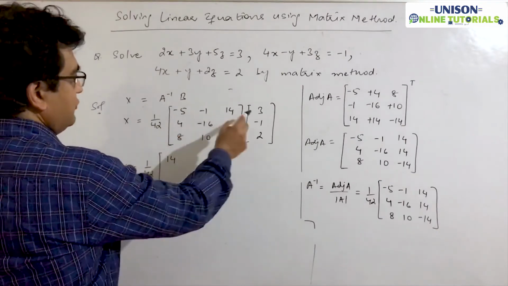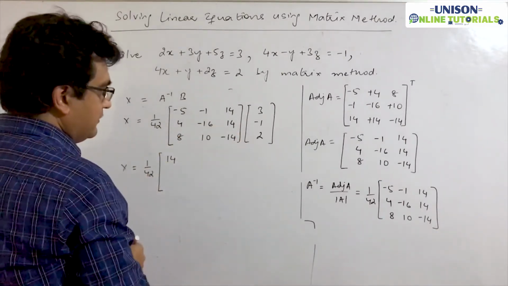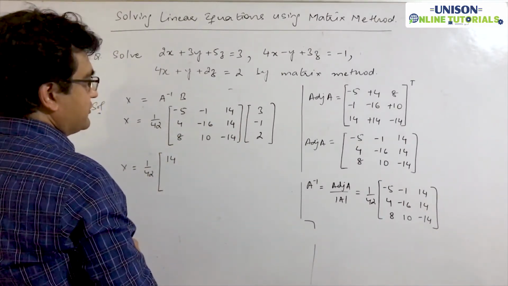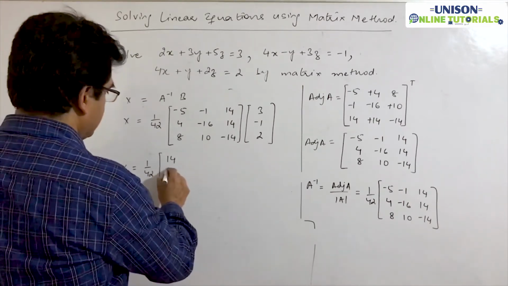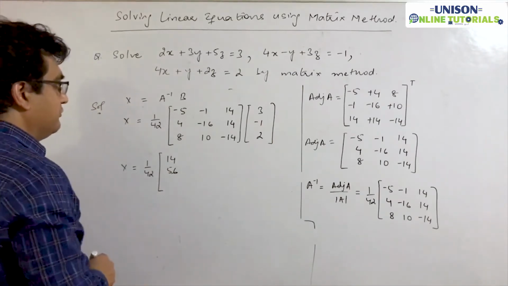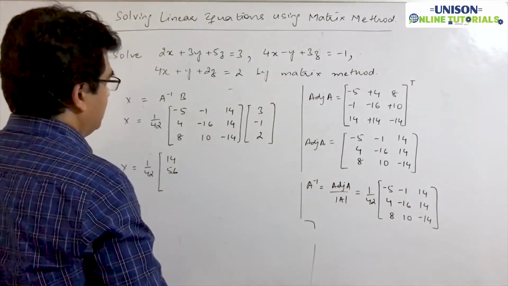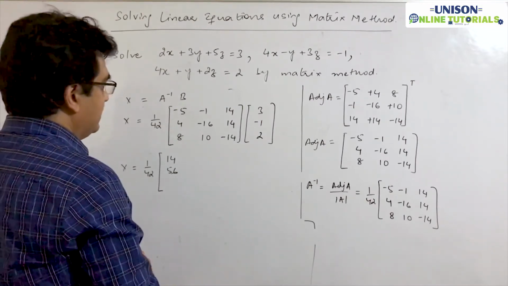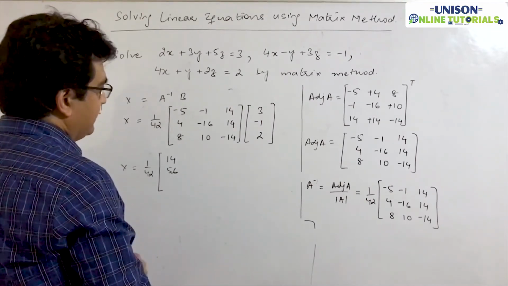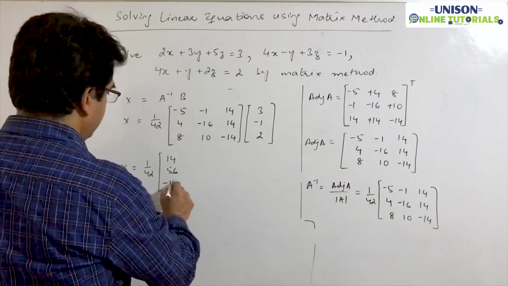Next one is 12 plus 16, it is 28, 28 plus 28, it is 56. Then 24 minus 10, 14, 14 minus 28, it is minus 14.